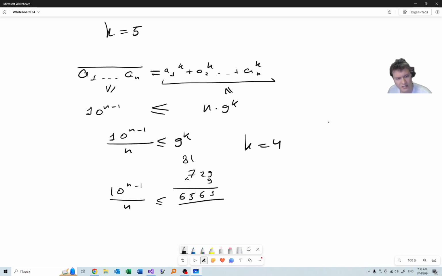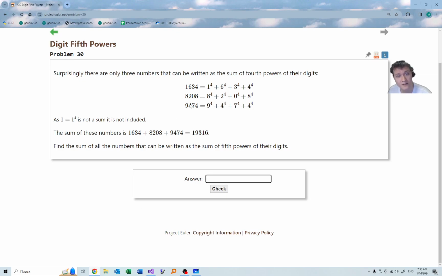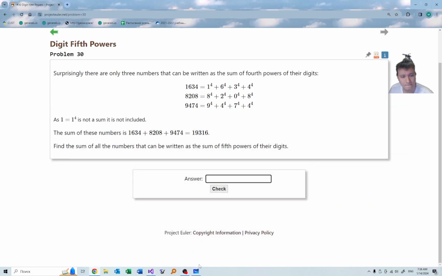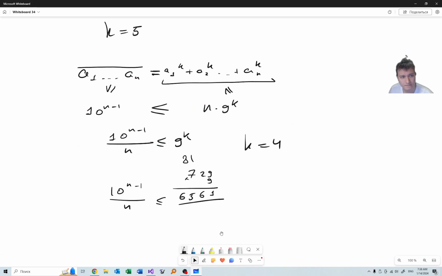And if we take n equals 5, it is actually okay. Still, there are no numbers of length 5 at all, but still.